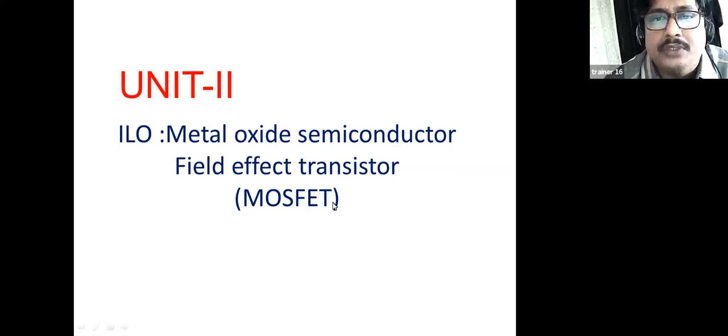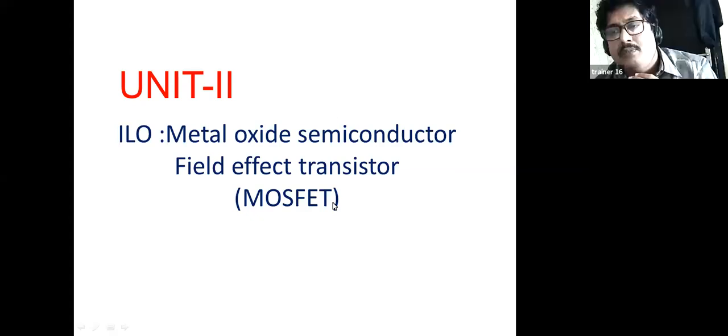Here, either P-type or N-type semiconductor is sandwiched with the opposite pair. For example, N is sandwiched between P-type on both sides, that is a PNP. And if P is sandwiched between N-type, we get an NPN transistor.